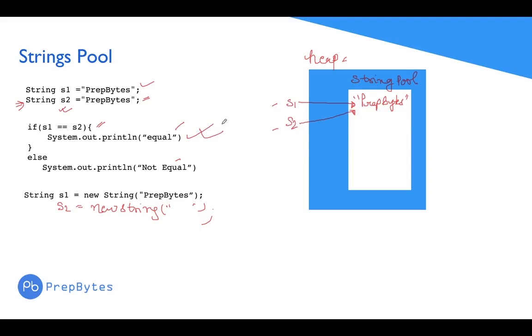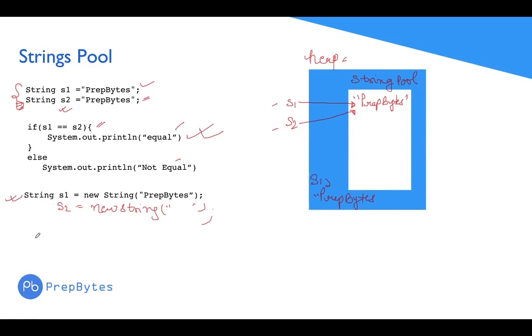Now let's again see the difference between getting a new string using this particular syntax or this particular syntax. Here in this case, the new strings are created in the string pool. In this case, the strings are created outside the string pool in the heap area. So here prep bytes is created and we have s1 pointing to this.